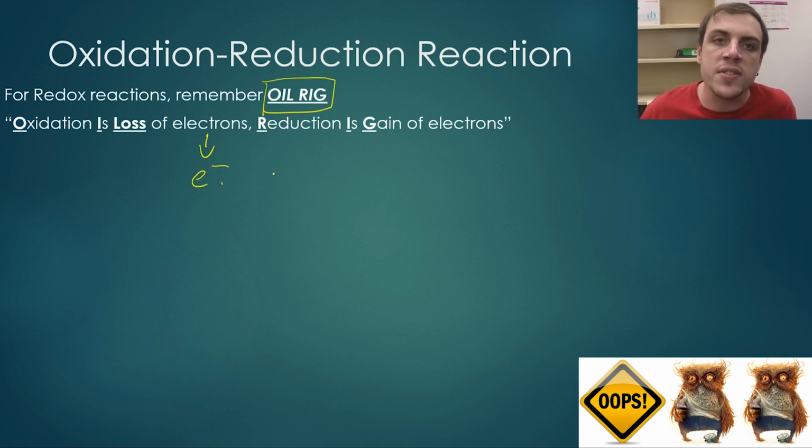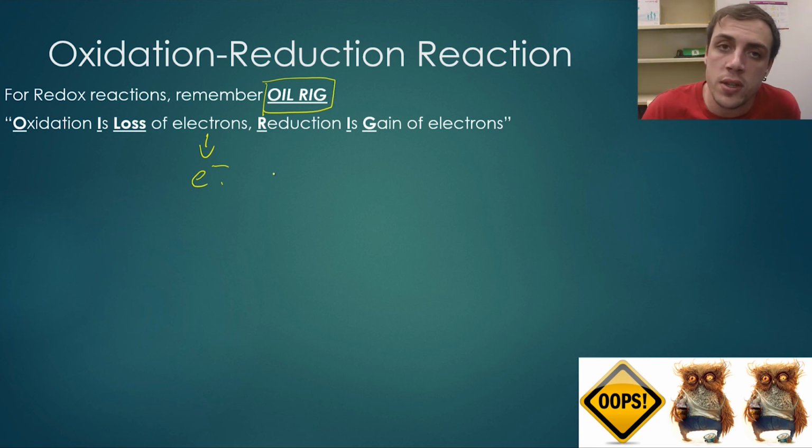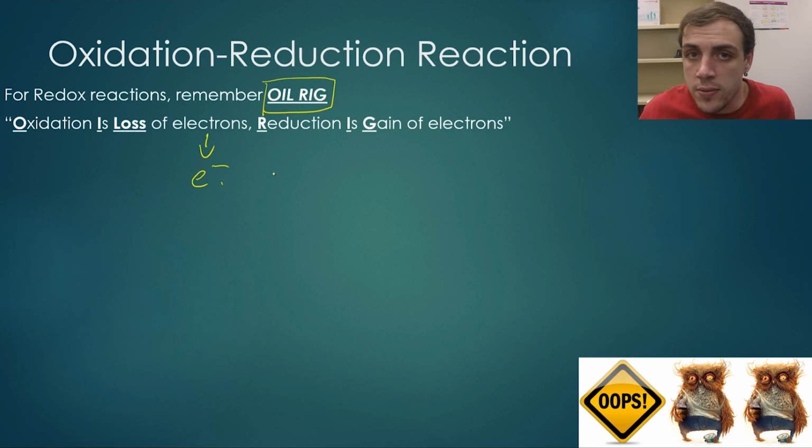So that means that if something is being oxidized, it means it's losing those electrons. And if it's losing those electrons, it means it's getting more positive because it's losing those negative charges. So a lot of people get confused that if something gets more negative, they're losing something, it must be being oxidized. And the answer is no, it means it's being reduced. Because if something is being reduced, it's gaining electrons, and those electrons are negatively charged.